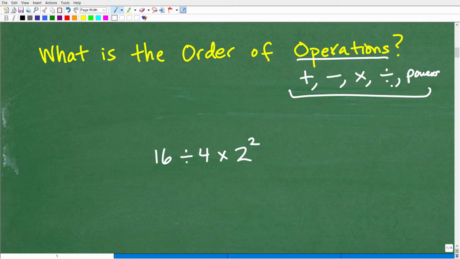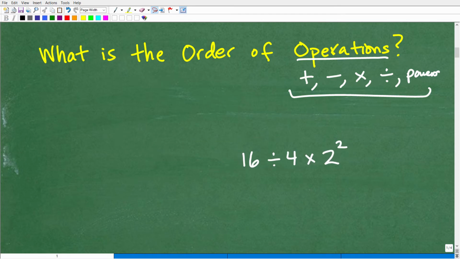When you're dealing with a lot of different operations in a math problem, the order of operations tells us, it's kind of a rule book, what to do first. So let's scoot this over here and talk about what that is. The order of operations, as most people learn it, is something called PEMDAS.